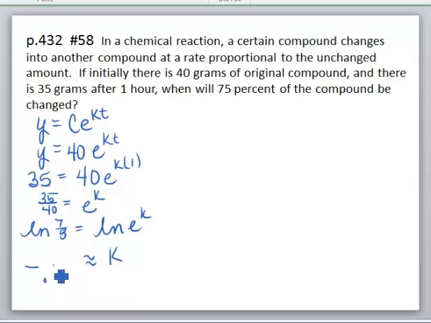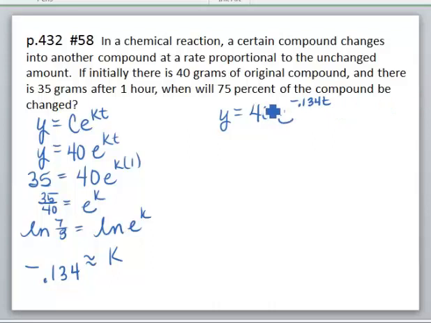negative 0.134. Now what I can do is take this and write a more specific equation, y equals 40 e to the negative 0.134 t.